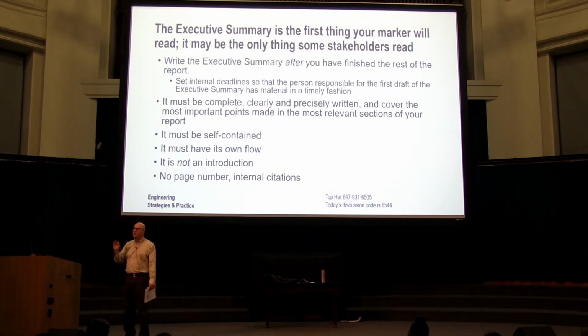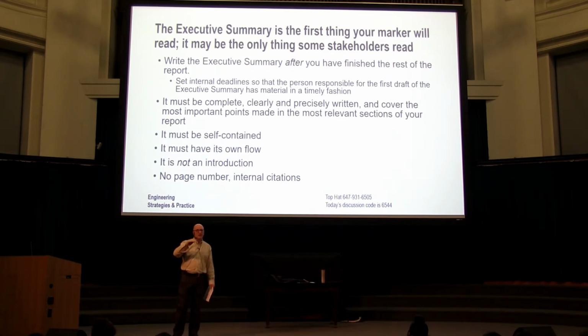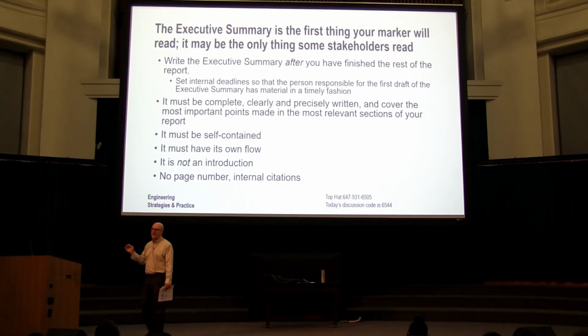One of the most important things about the executive summary is that you set internal deadlines that allow the poor person who has been given the task of the executive summary to actually do their job. If people deliver their section the night before the document is due, then the person who is doing the executive summary gets to start it at 2 a.m. And that's not really fair.